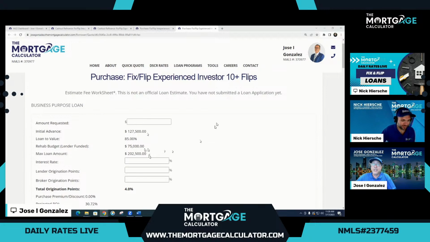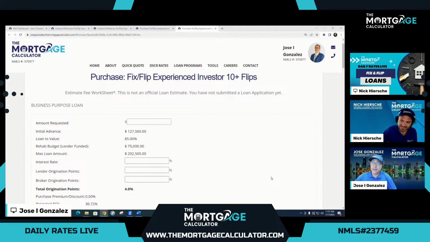In this scenario, we are allowed a maximum loan amount of $202,500, which means they are financing 100% of the rehab. So that's pretty cool.